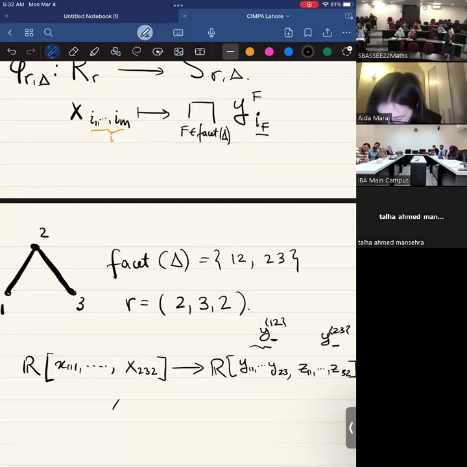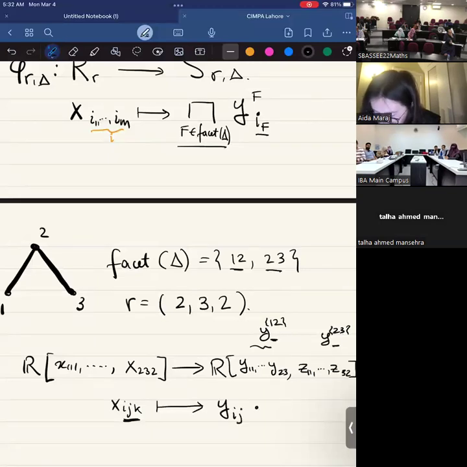Okay, such that x_{ijk} gets mapped. According to that, it says for every facet, so we have two facets, {1, 2} and {2, 3}. We take the first facet, we have this y for that facet, and then we project down ijk to what the first facet is saying, the first index and the second index, so it will be y_{ij} times.